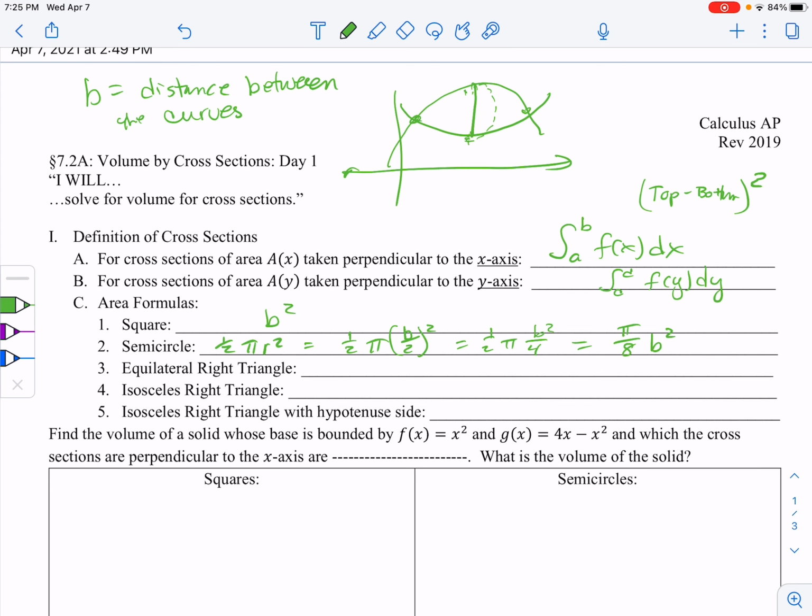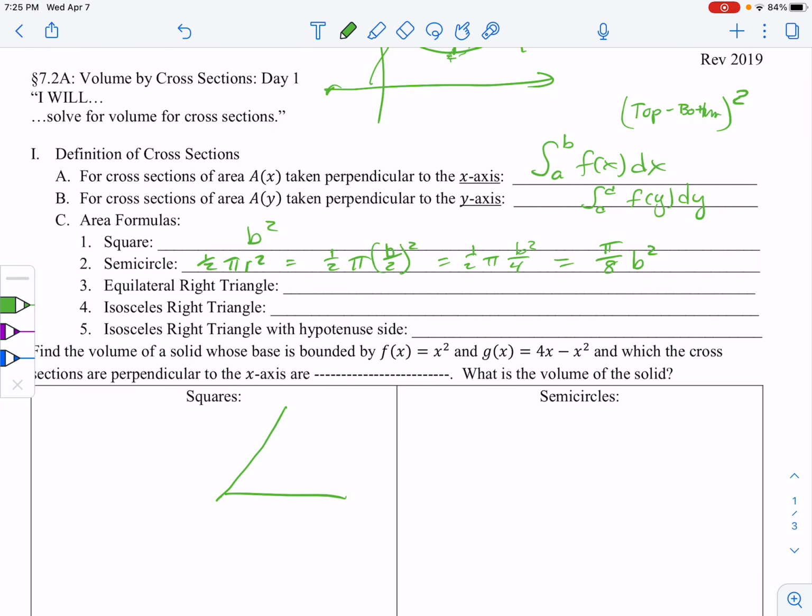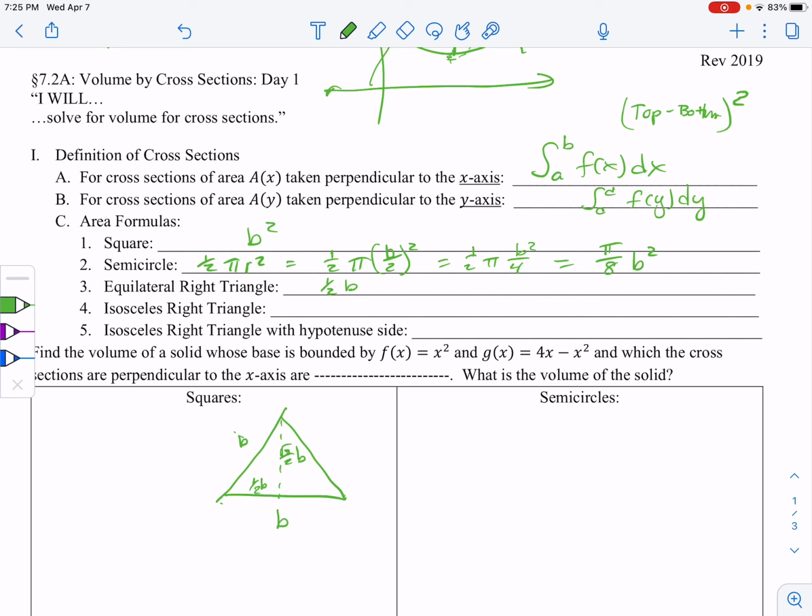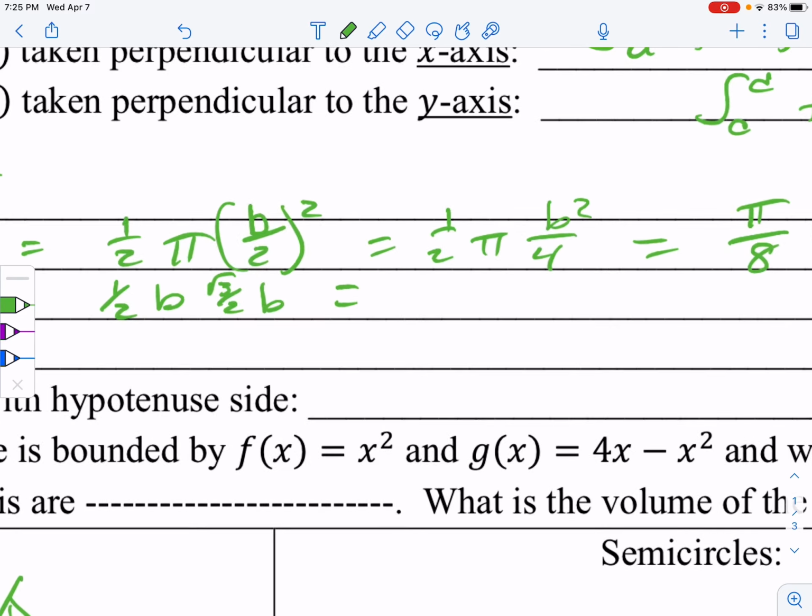Equilateral triangle. Remember, those go like this. They're 60 degrees. So this is the 30, 60, 90 triangle. If this is B, this side is 1/2 of B. This side is going to be B, and this is going to be root 3 over 2 B. So on half the base times the height, you have 1/2 of B times the height, which is root 3 over 2 B, and you end up with root 3 over 4 B squared.